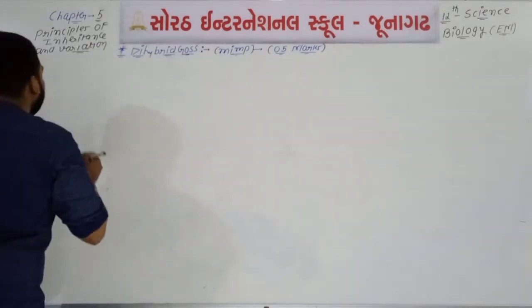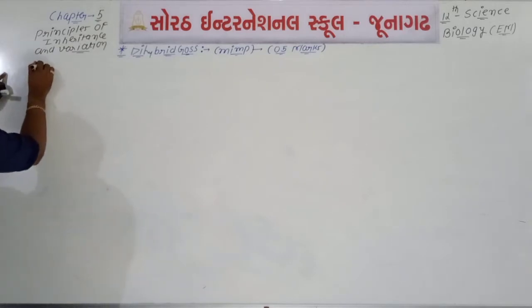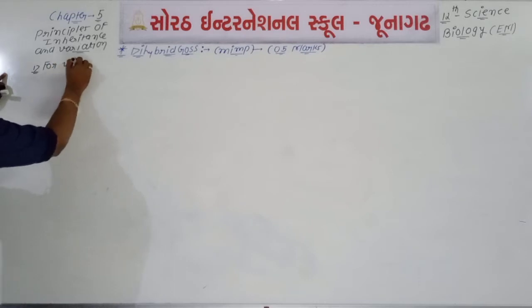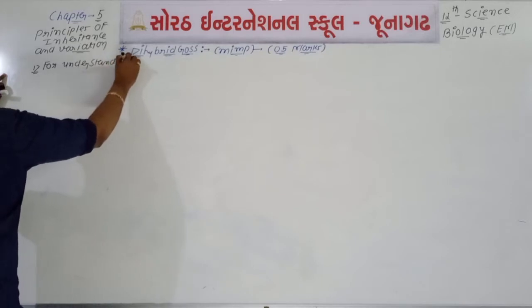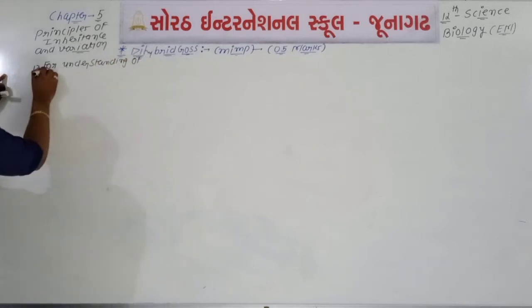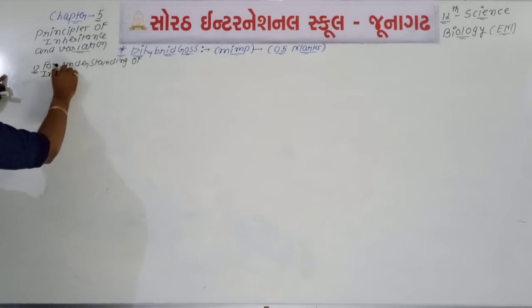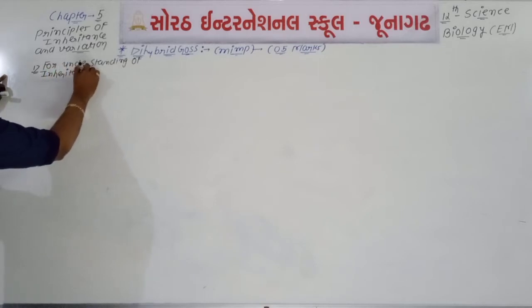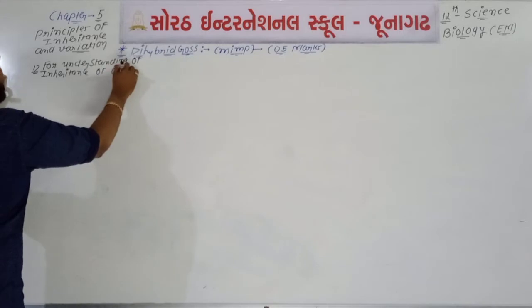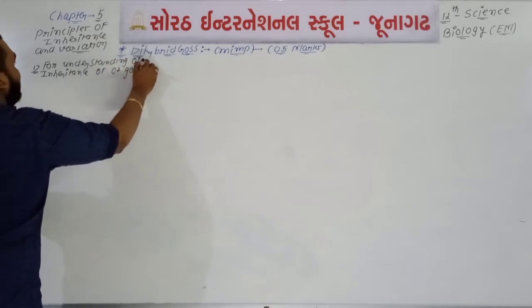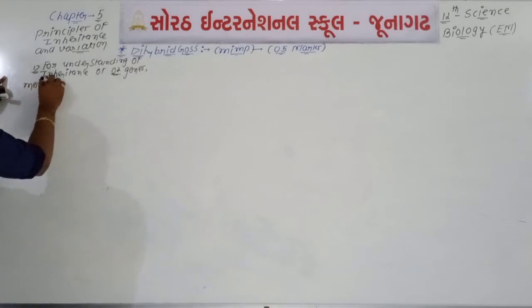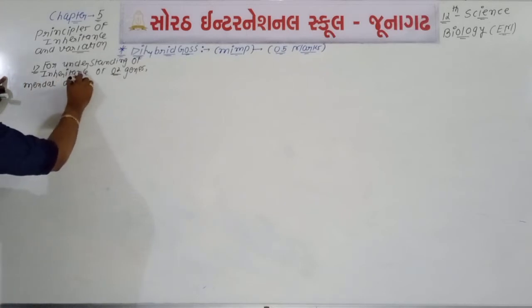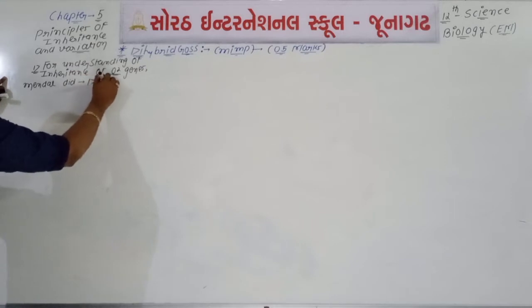See here, the first point we can say is that for understanding the inheritance of two genes, Mendel did the Dihybrid cross.